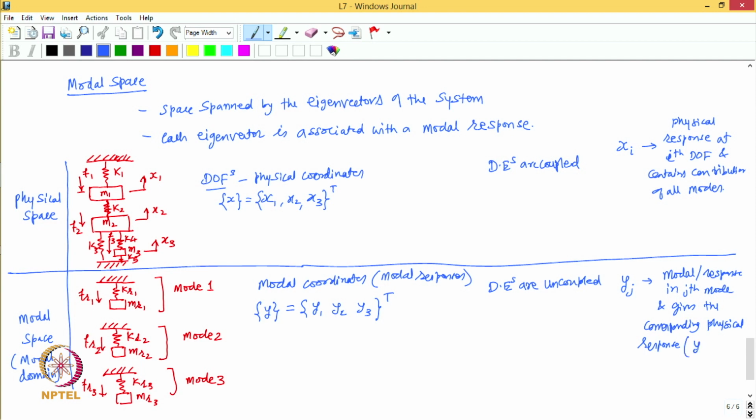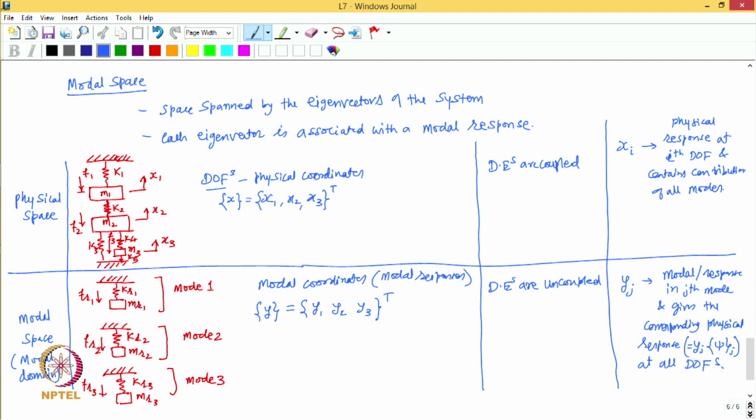Which will be equal to Yj times psi j. That will be the physical response. So, it gives the corresponding physical response at all DOFs, correct. So, that is another important difference.